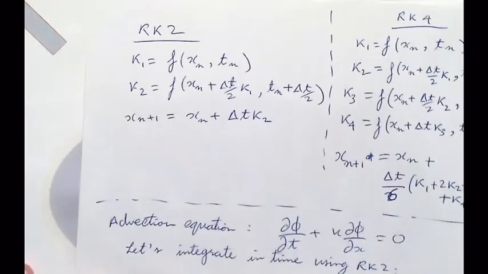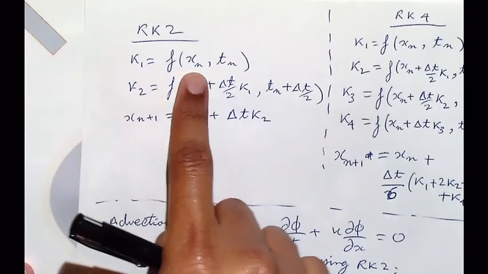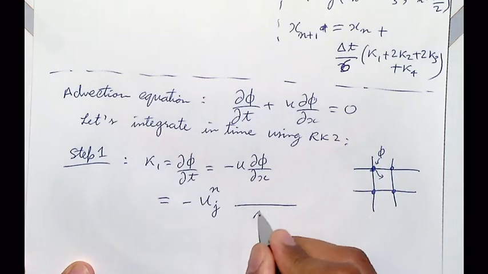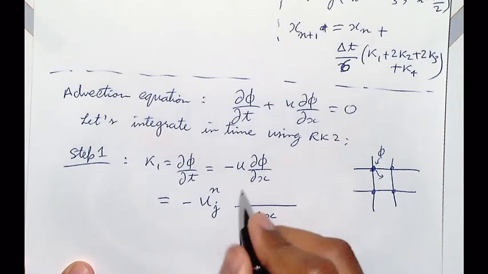Let's look at the equation again, right? So everything is at n. So at n, and what goes on top?